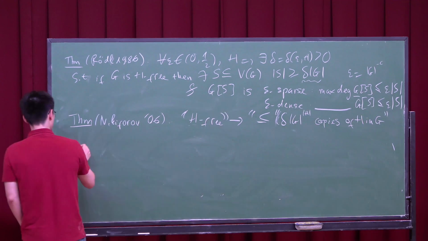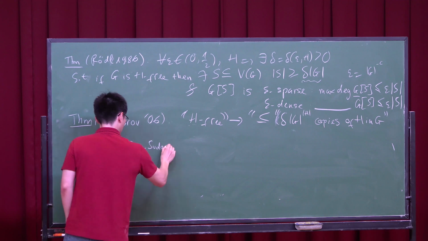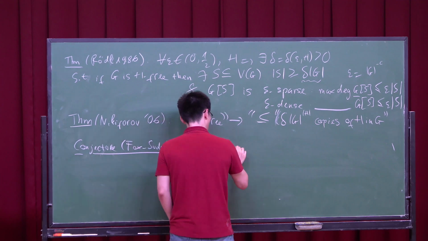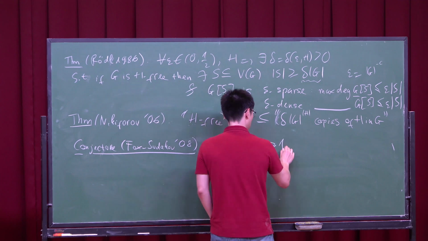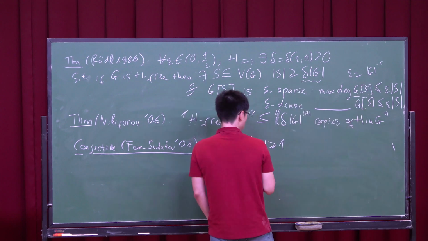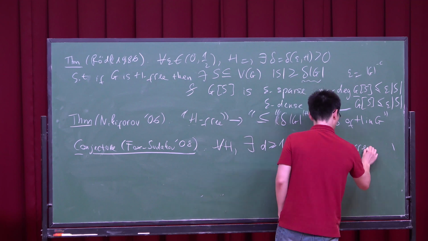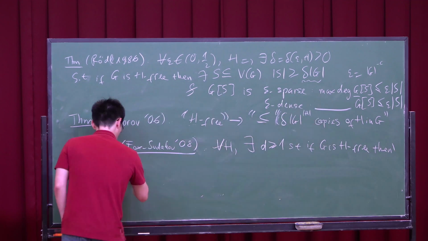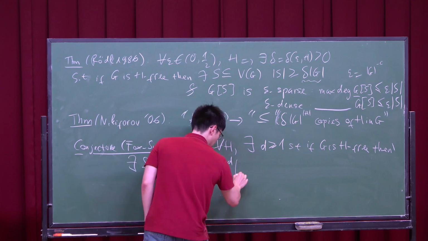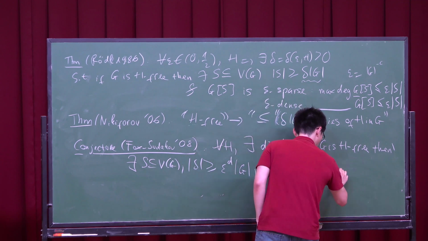So the conjecture says that for every H, there exists some D, here D is supposed to be huge, in contrast to this small c, such that if G is H-free, then there exists some S of size at least epsilon^D times |G| so that G restricted to S is epsilon-sparse or epsilon-dense.